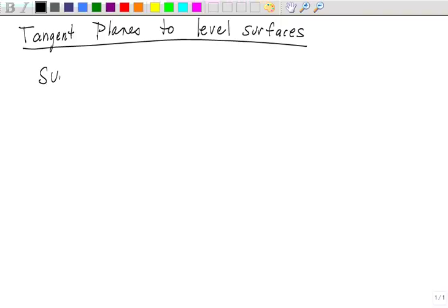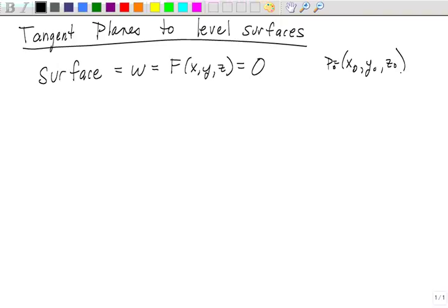Let's say our surface is represented by W equals 0, and we have a fixed point, and at that point, the partials are not all 0, and they're continuous.